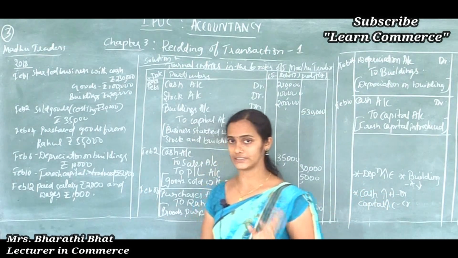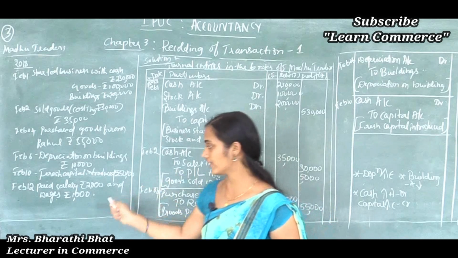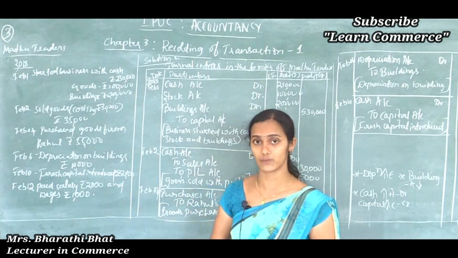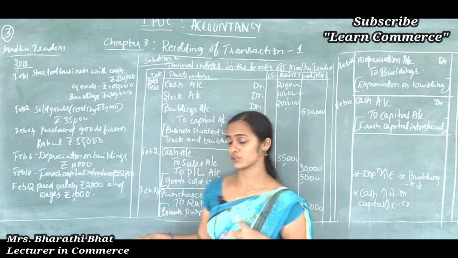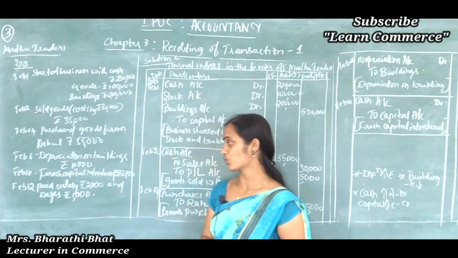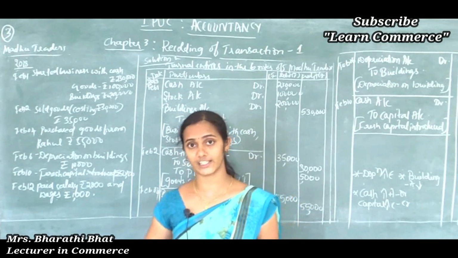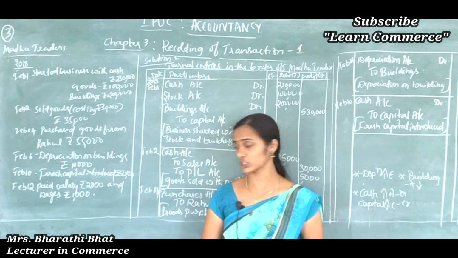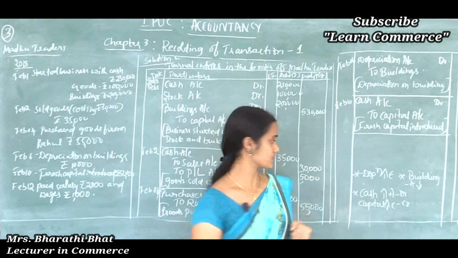Paid salary rupees 2,000 and wages rupees 1,000. On February 12, two transactions took place. One is salary paid and the other is wages paid. So we can pass a compound journal entry for this transaction.